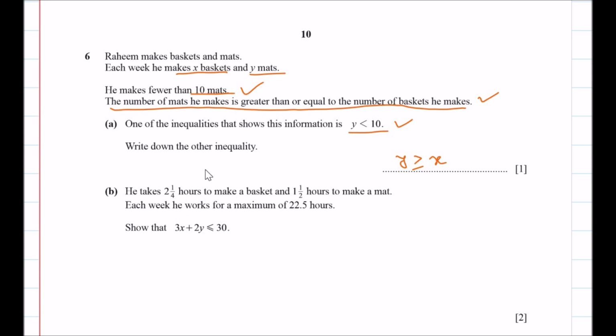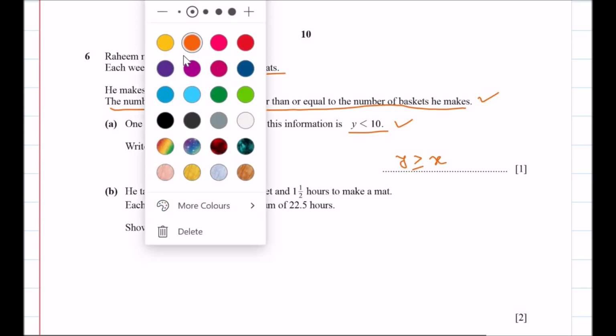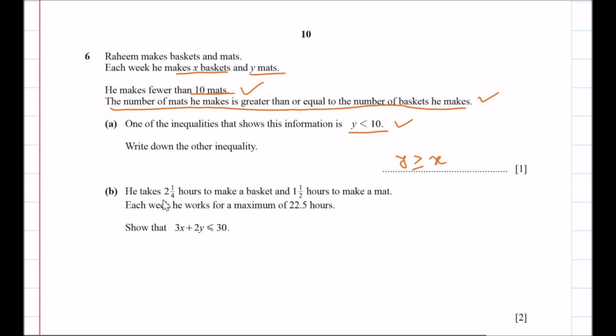So 2 whole 1 by 4 hours, and that time is taken to make a basket. So basket is x. So here x is involved, here y is involved.